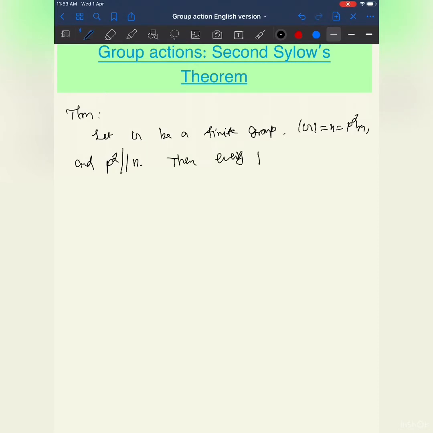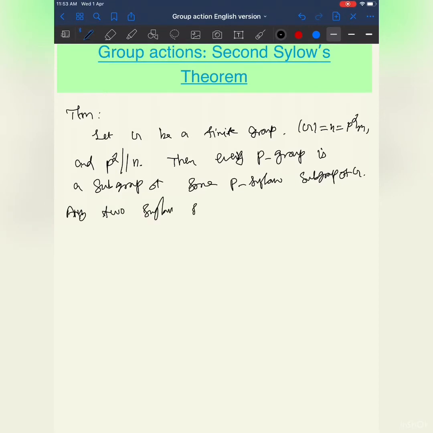Then every p-subgroup is a subgroup of some p-Sylow subgroup of G. I will explain. Any two Sylow subgroups are conjugate. I will explain.